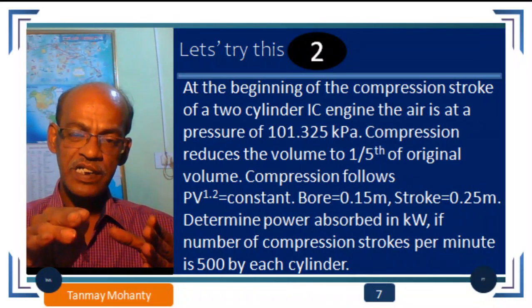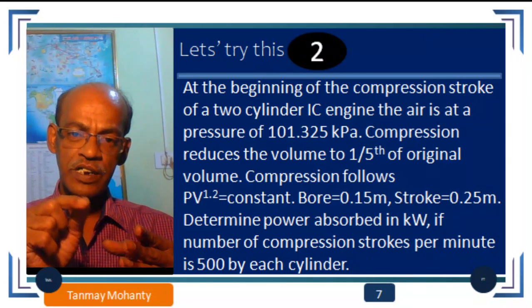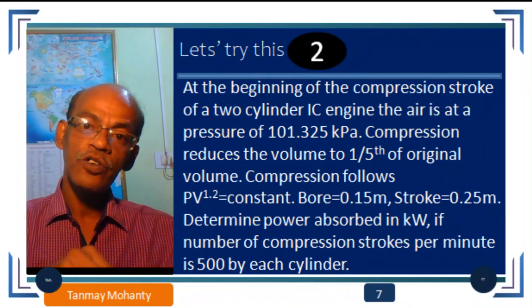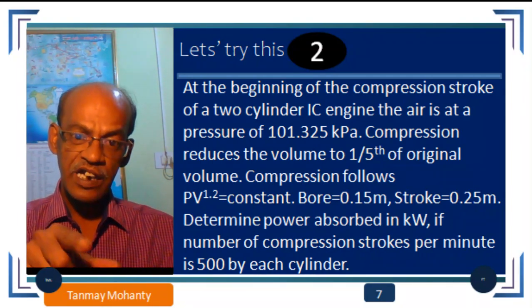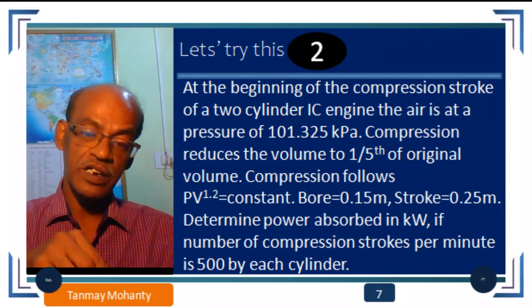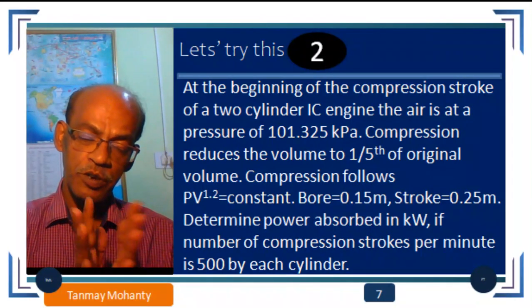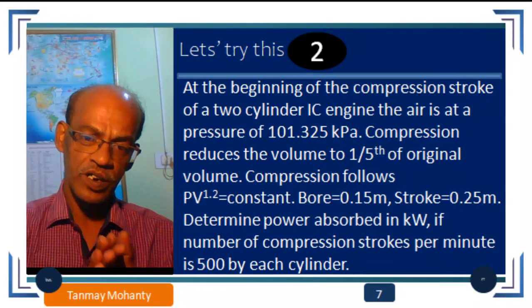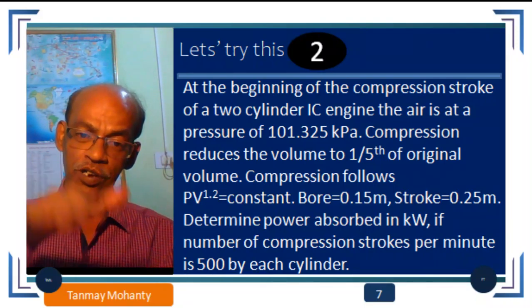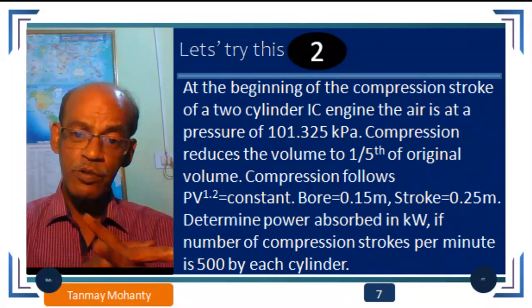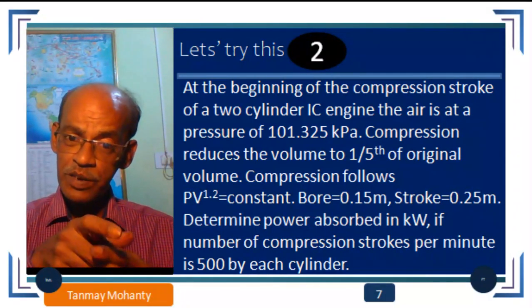If I can find P1 V1 minus P2 V2 by n minus 1, I will find the work done in one compression. There are 500 compressions per minute. The work done formula we know, WB equals P1 V1 minus P2 V2 over n minus 1. So multiply by 500. That will give the work done by 500 compressions, but that is per minute.